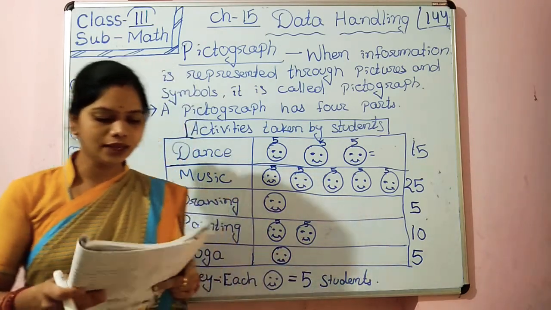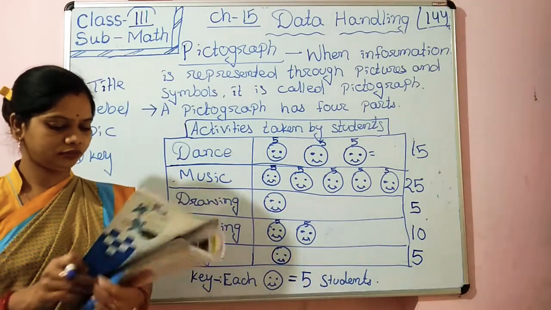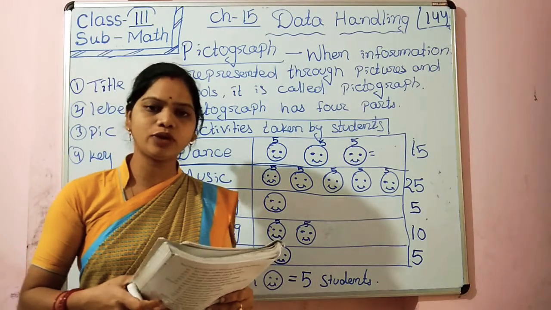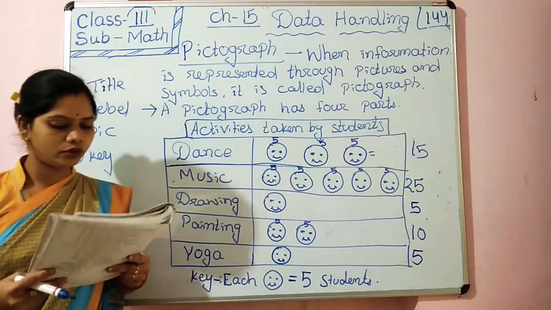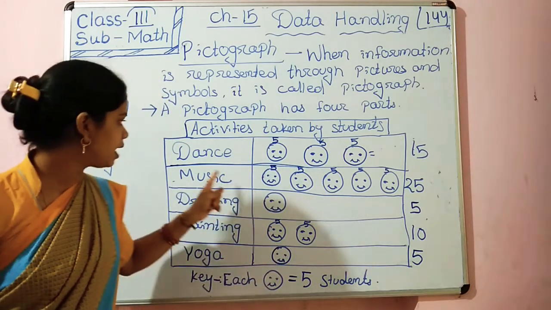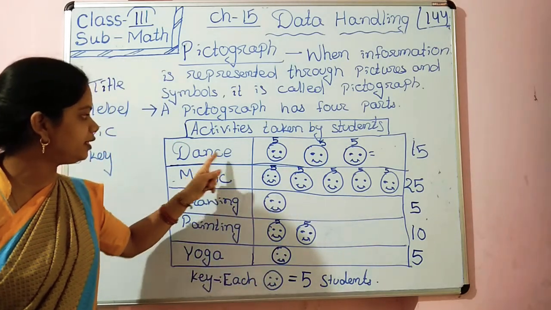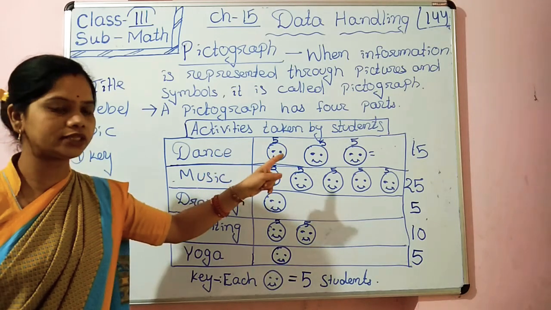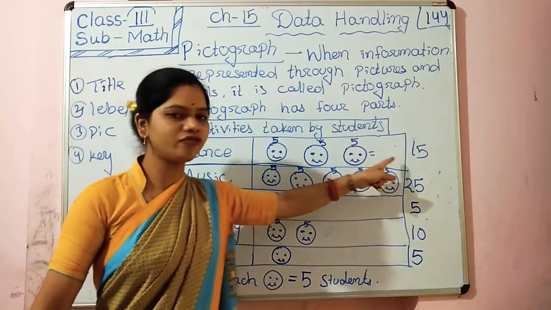Okay. Now I will ask some questions. You have to reply. Look. How many students have taken part in dance? Here 3 smiles, that means 15 students.